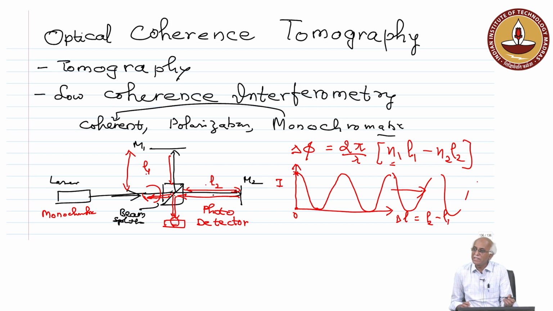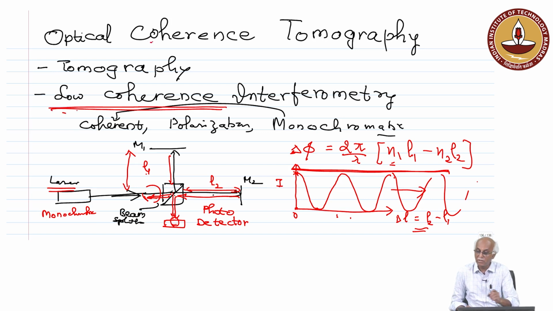When n1 and n2 are in air, they equal 1, so we did not care about this earlier. However, it is actually n2 L2 minus n1 L1, the optical path difference, and phase is estimated by 2 pi by lambda times the optical path difference. This information is captured using a laser, which is coherent, while what we use in the OCT approach is low coherence interferometry.